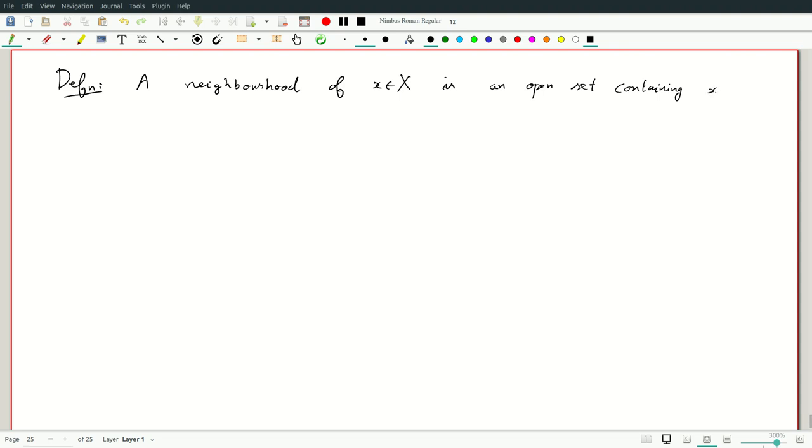Containing little x, that is an open set, you can call it U or something, containing x. Sometimes a neighborhood is defined as a set such that there is an open set contained in it, without requiring the neighborhood to be open. The two definitions lead to almost the same thing. So we'll just stick to this one.